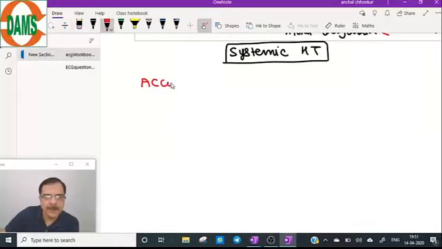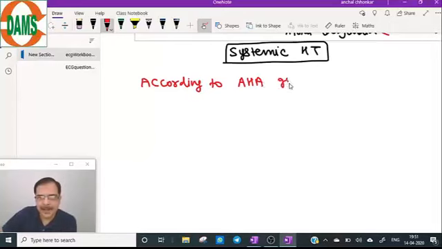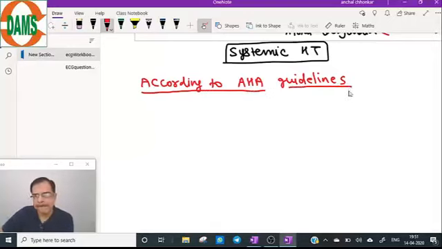According to the AHA guidelines of hypertension.